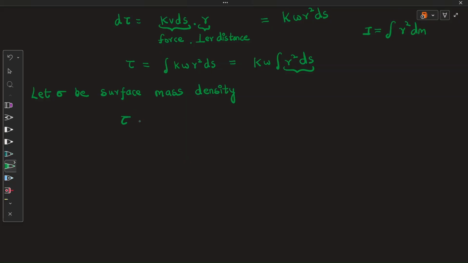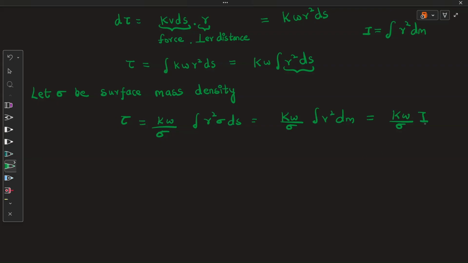If we multiply and divide by sigma, we get k omega by sigma integral r square sigma ds. What does sigma ds signify? It's mass, right? So integral r square dm. What does this represent? It's just moment of inertia. So k omega by sigma into moment of inertia.